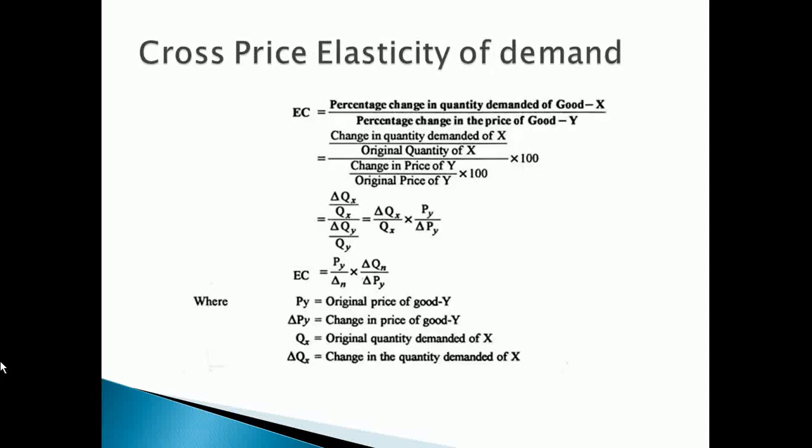These are examples of substitute goods. But complementary goods carry negative signs, such as bread and butter, ink and pen, stove and paraffin. Complementary goods are goods you cannot use one without the other, whereas substitute goods are goods for which there are options when the price of one increases.